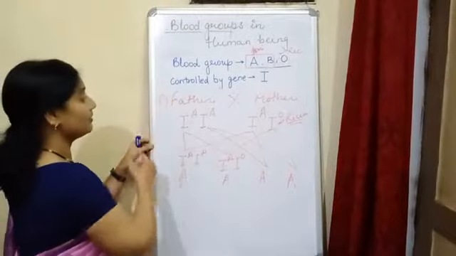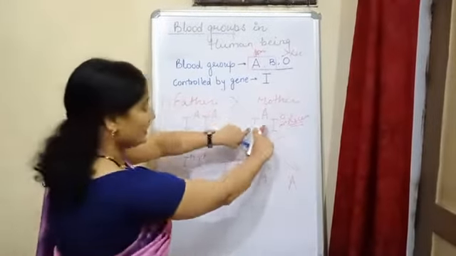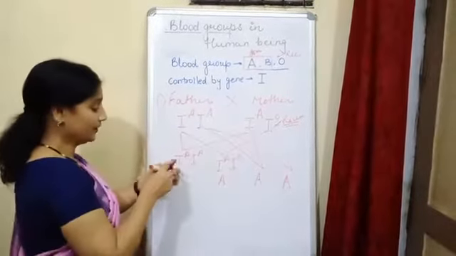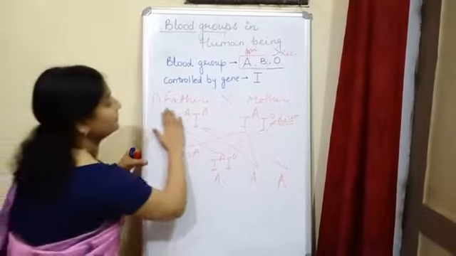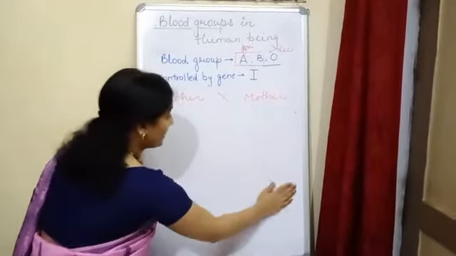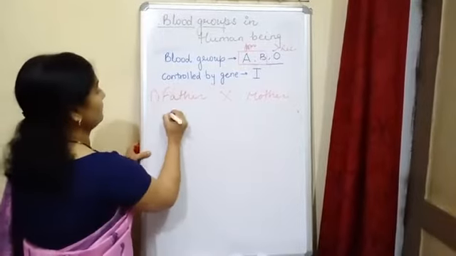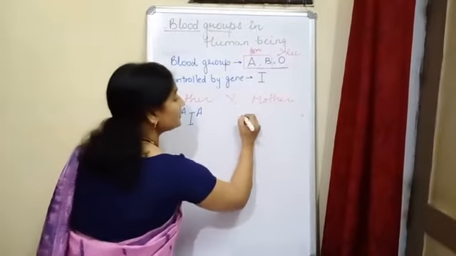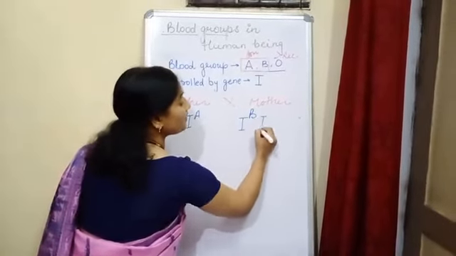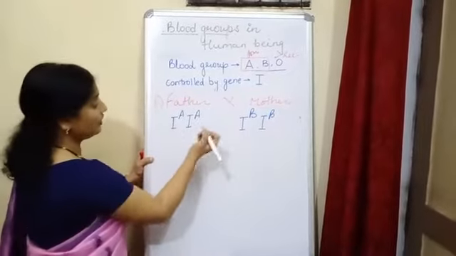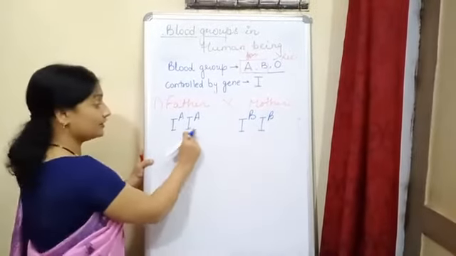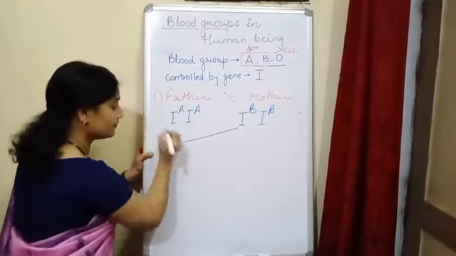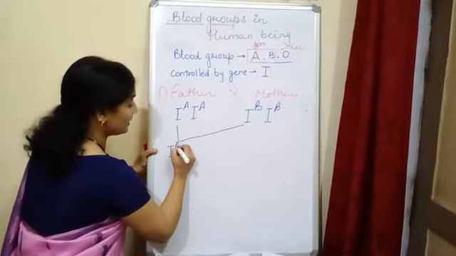This is one example, when the father has blood group A and the mother also has blood group A, but the genes are heterozygous. Now see the next condition. Suppose the father has blood group A and the mother has blood group B, both homozygous. Now the meaning of homo and hetero is clear. The father is homozygous A and the mother is homozygous B. If we cross them together, what will be the result?